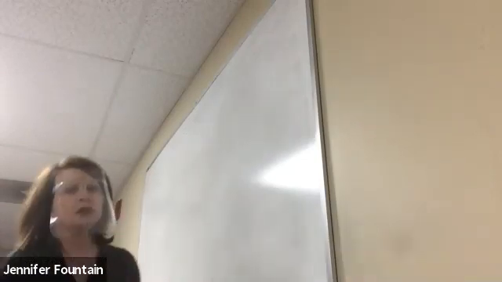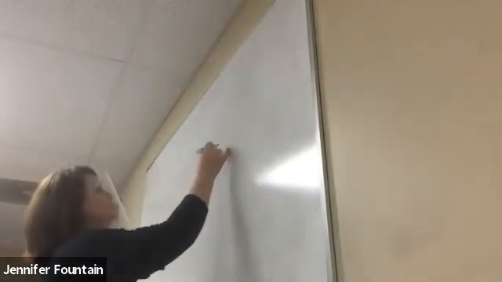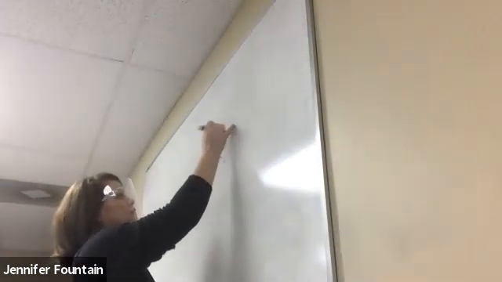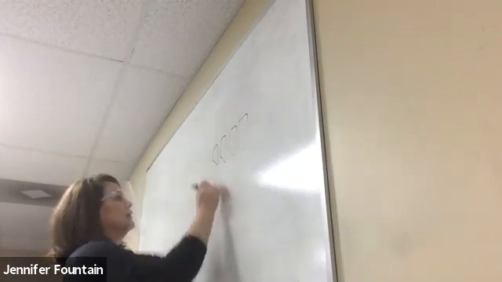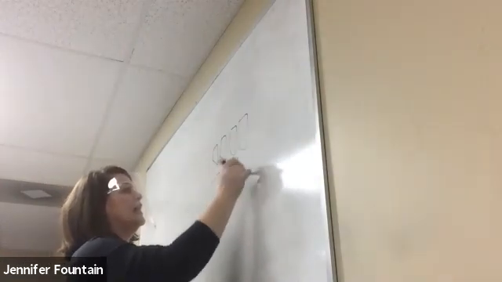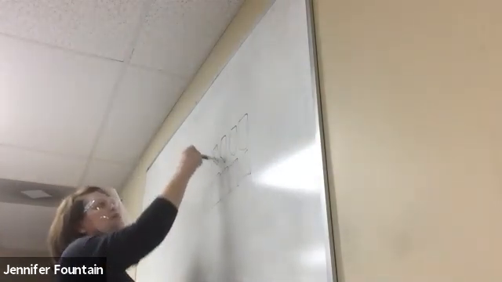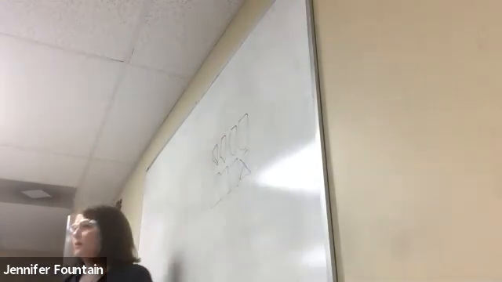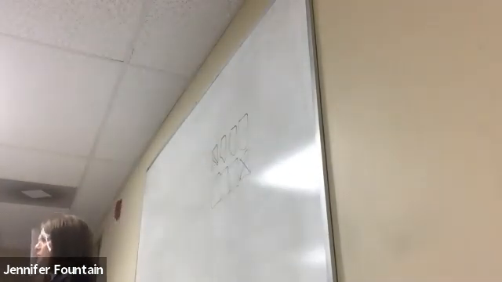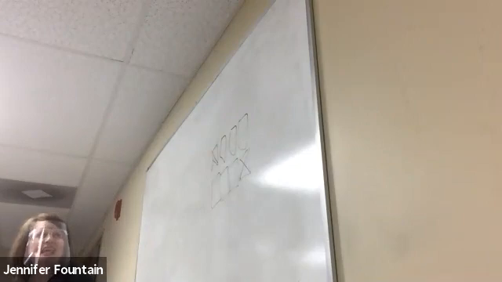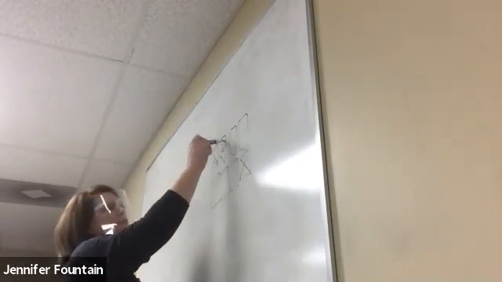Okay, so in the book, 1, 2, 3, 4, 5, 6, 7, 8. There are 8 problems in the book. We are going to do these 2 together. So we're doing the first and last together. So we're going to make this one number 1.